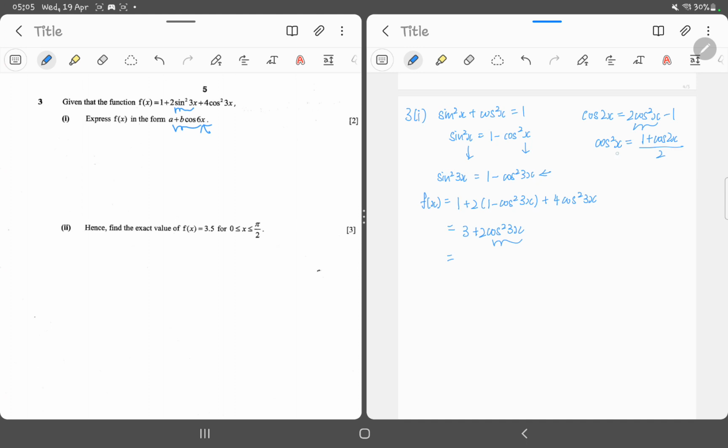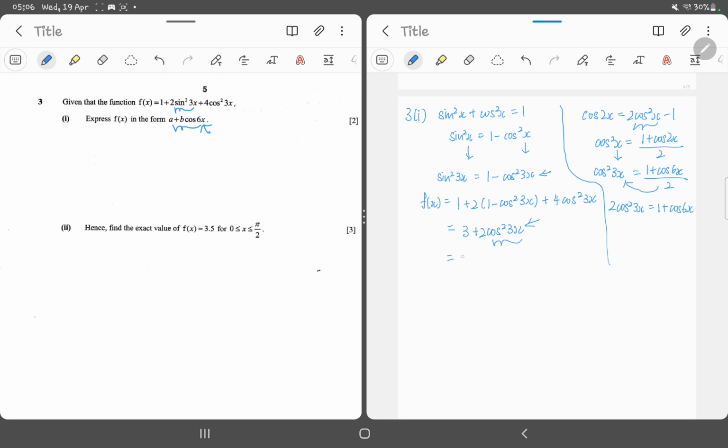So what I'm going to do is replace the x here with 3x, so that I can get cosine square 3x. So with x replaced by 3x, cosine square 3x equals 1 plus cosine, because I replaced x with 3x, 3x times 2 is 6x, over 2, correct? So multiply the 2 over, so 2 cosine square 3x equals 1 plus cosine 6x.